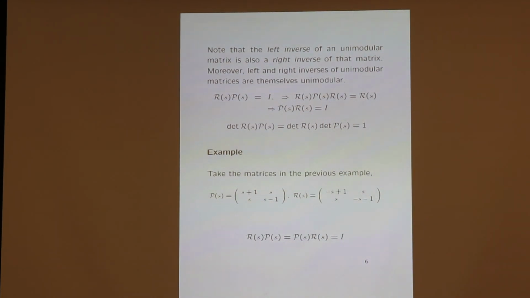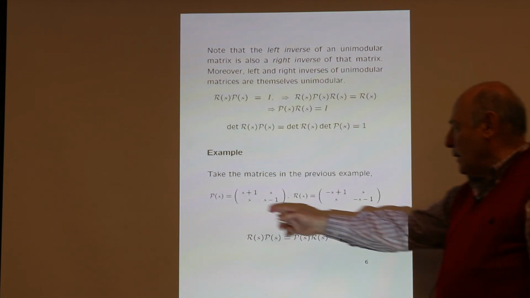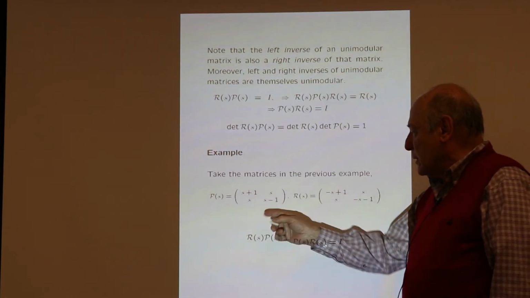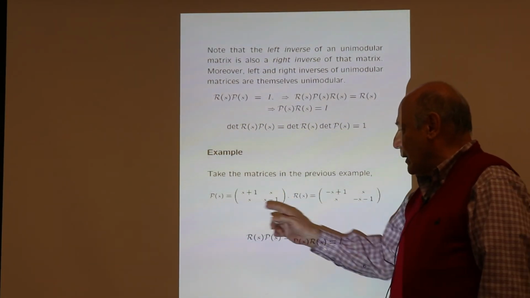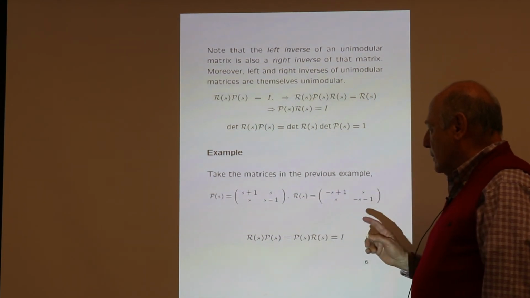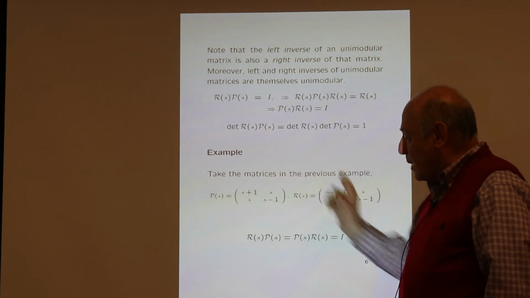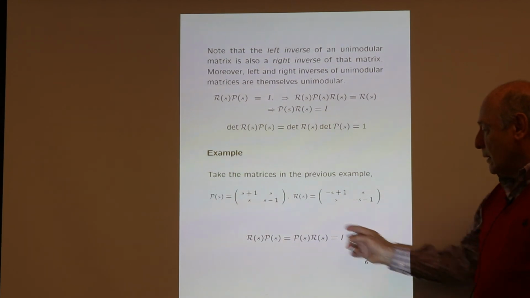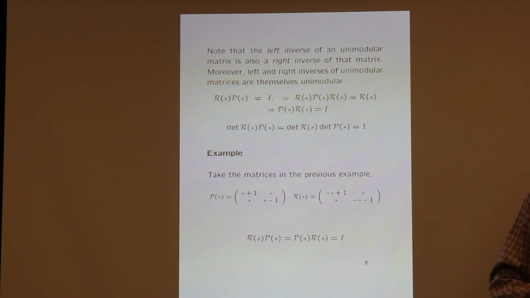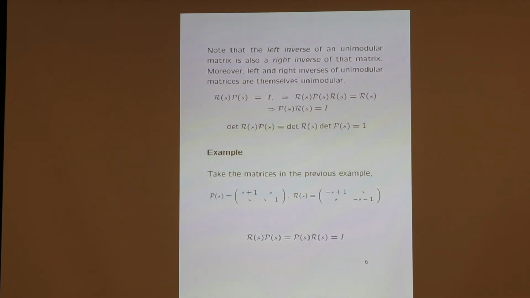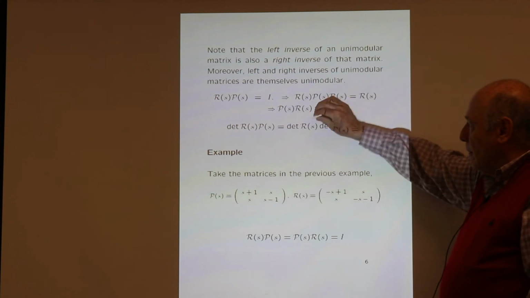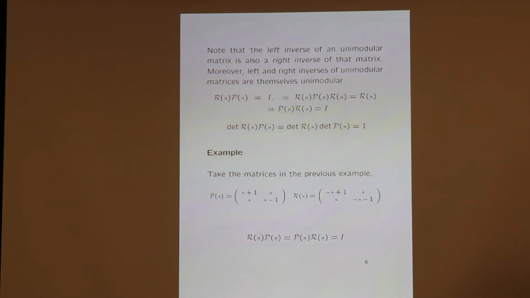So in the previous example, if you take P as this matrix, it is easy to establish, as we did already, that PR is equal to the identity, and RP is also the identity. So the left inverse is also the same as the right inverse. So any left inverse qualifies as a right inverse because of this development.